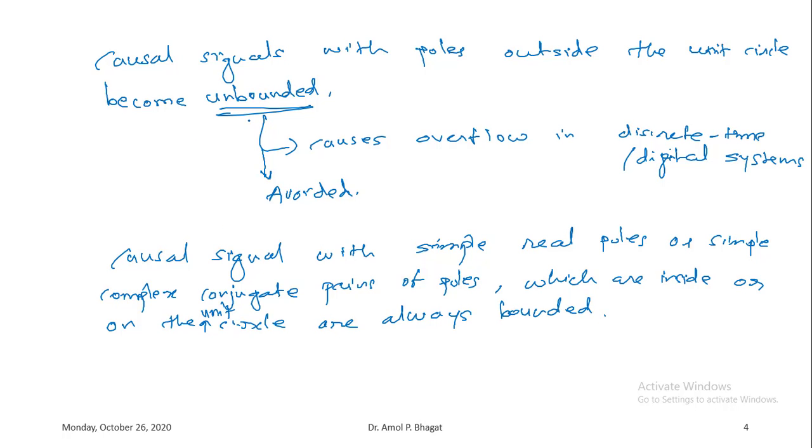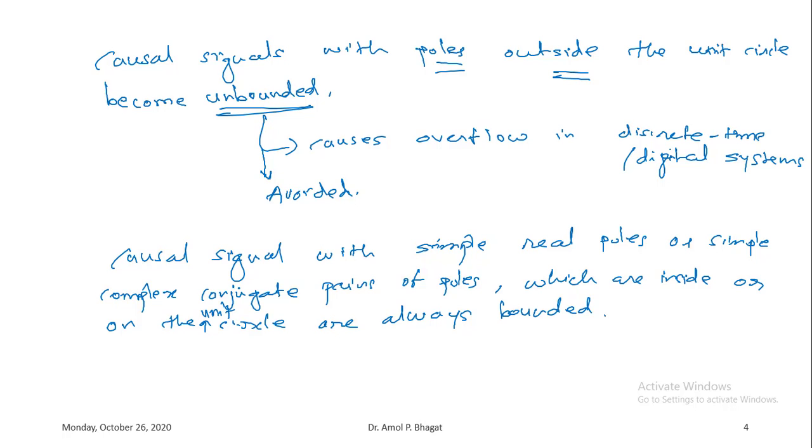So the bounded nature of these causal signals can also be identified by using the pole location. If poles are outside the unit circle, the causal signal becomes unbounded.